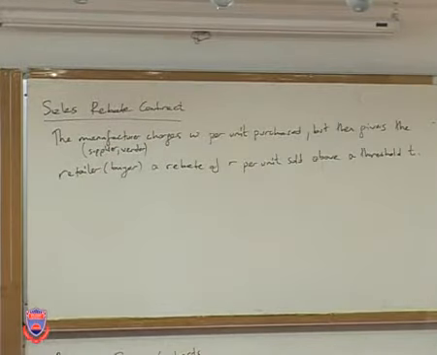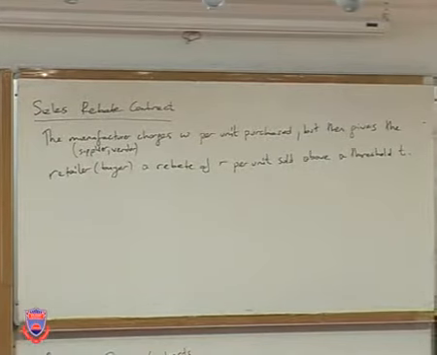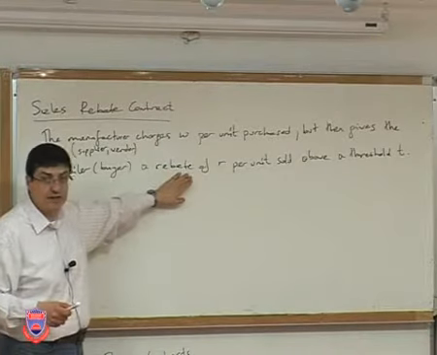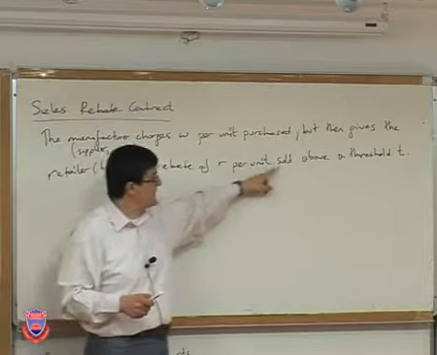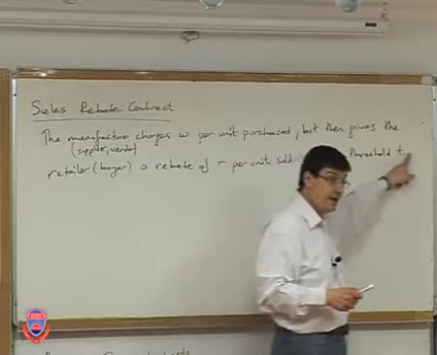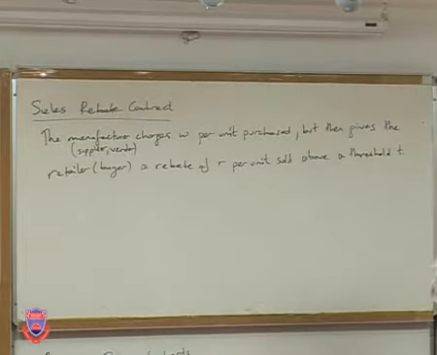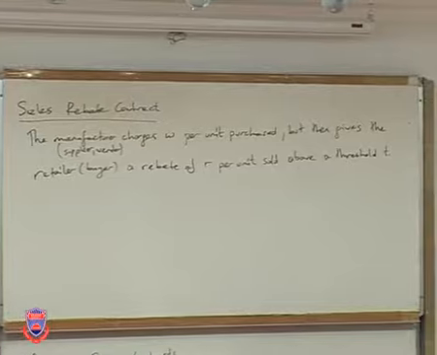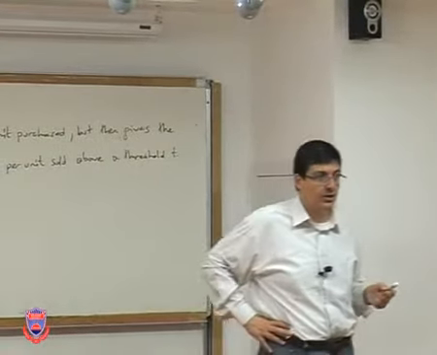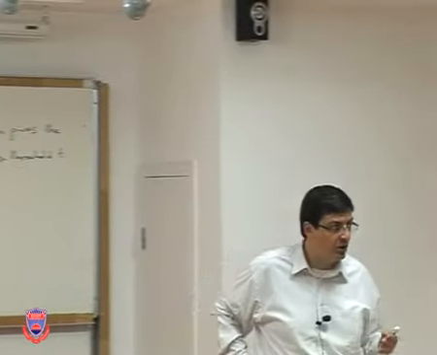So what is the deal? The deal is the vendor looks at the total sales. If the total sales is larger than a certain T, the manufacturer, the vendor, is going to give an additional discount to the items which are bought. So if you can sell more, you're going to get that rebate.